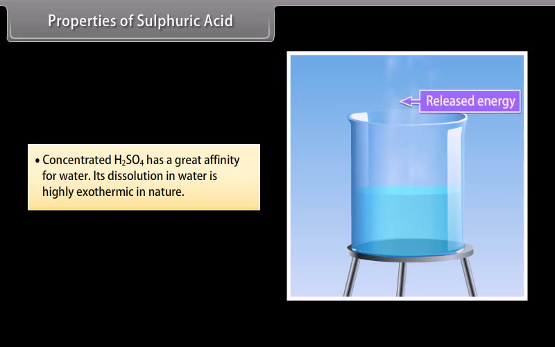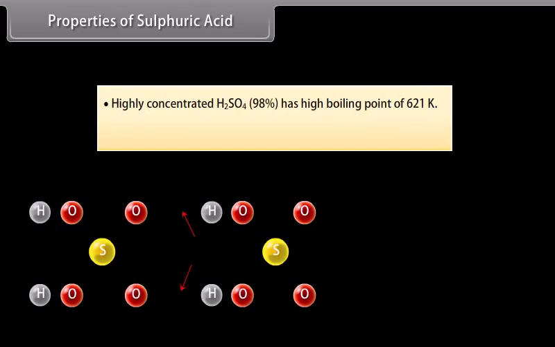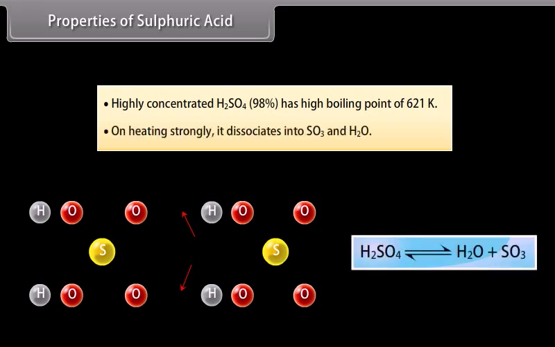Its dissolution in water is highly exothermic in nature. Highly concentrated H2SO4 has a high boiling point of 621 Kelvin. It shows that H2SO4 has an associated structure due to hydrogen bonding. On heating strongly, it dissociates into SO3 and H2O.